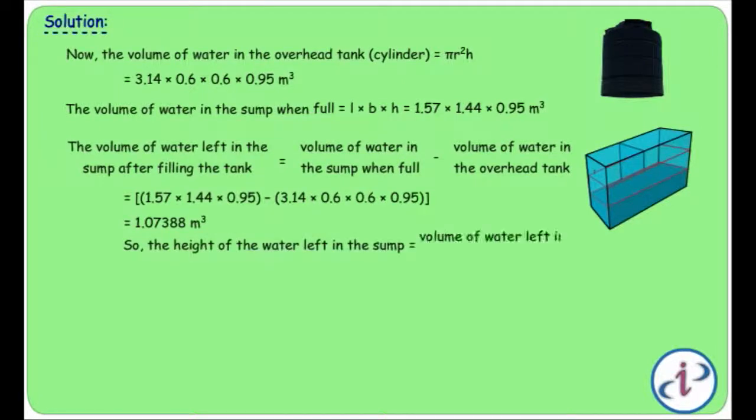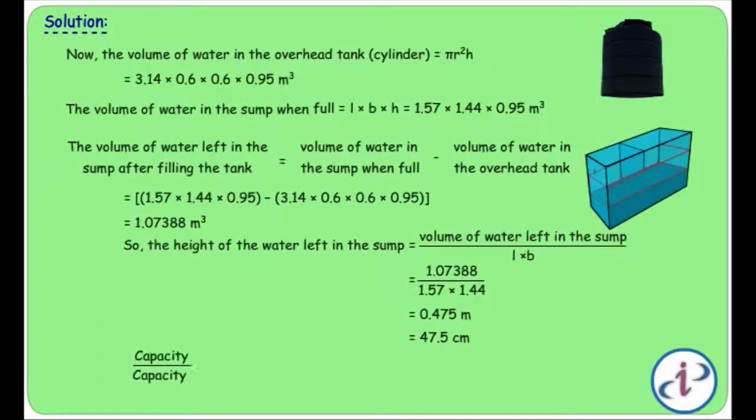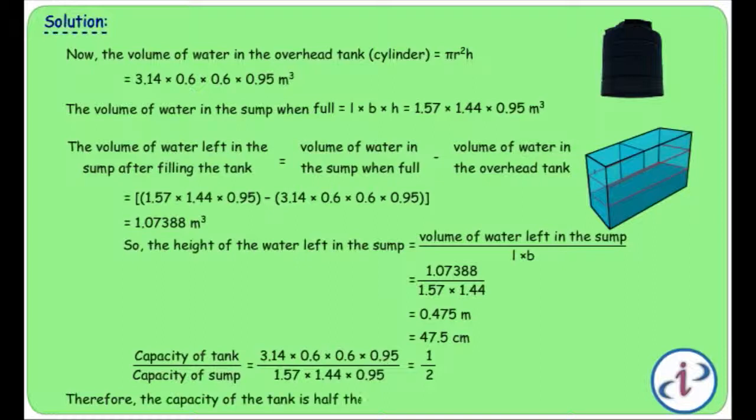That is 1.07388 divided by 1.57 times 1.44. It is equal to 0.475 meters. That is 47.5 centimeters. Also, capacity of tank to that of sump is 1/2. Therefore, the capacity of the tank is half the capacity of the sump.